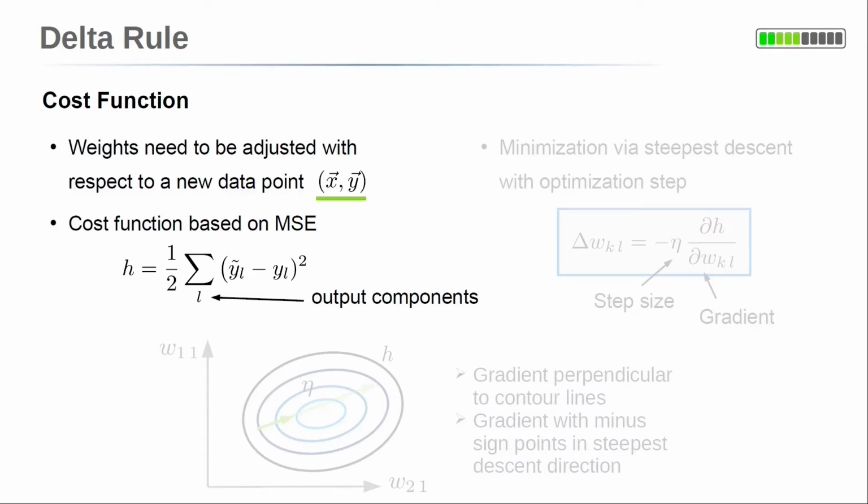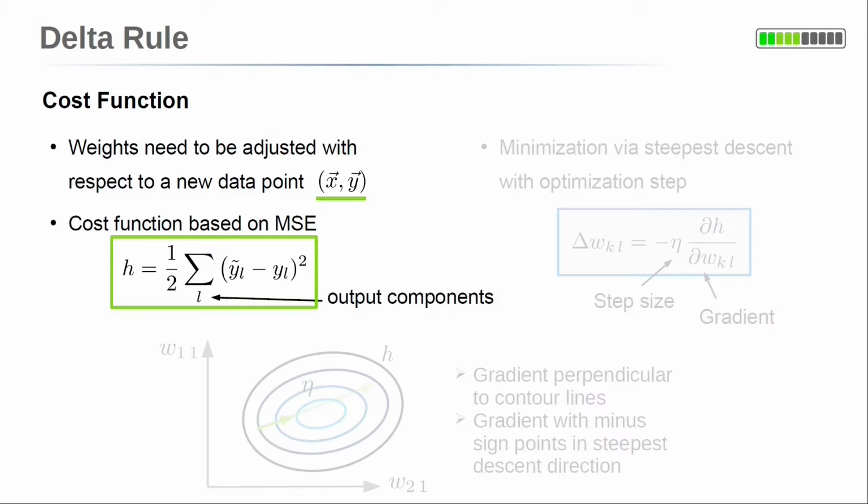This represents a stochastic gradient descent approach. We will learn about this later. However, it is straightforward to take also more data points into account. You just need to incorporate a sum over all data points indexed by i.